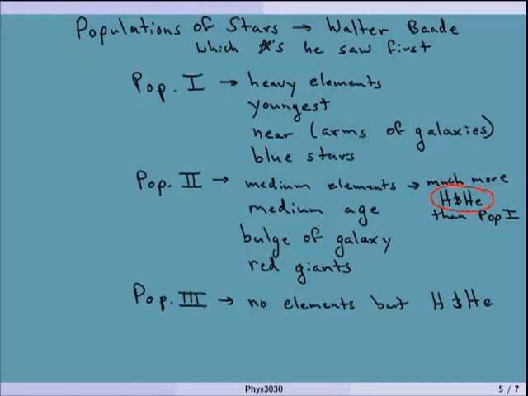Now remember, there are tiny trace amounts of lithium and beryllium, but these stars are really mostly hydrogen and helium. They would be the oldest stars. I think it's really important to note they're not yet seen, and we'll talk about how we do know there's evidence for them. And they might not even be in galaxies.